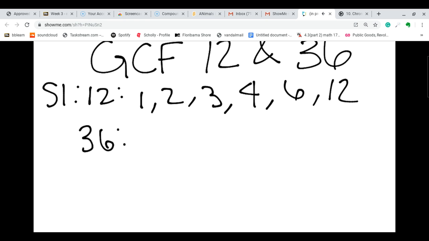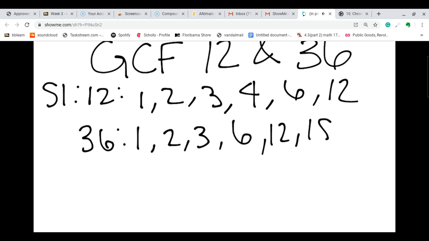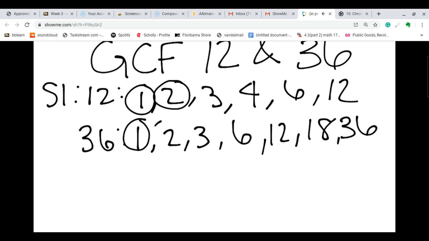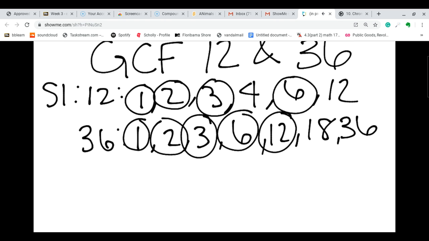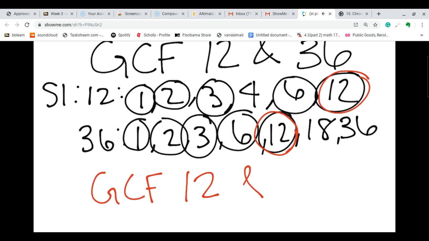Factors of 36 include 1, 2, 3, 6, 12, 18, and 36. So the numbers they have in common are 1, 2, 3, 6, and 12. Now the greatest number between these two is 12. So the GCF for 12 and 36 equals 12.